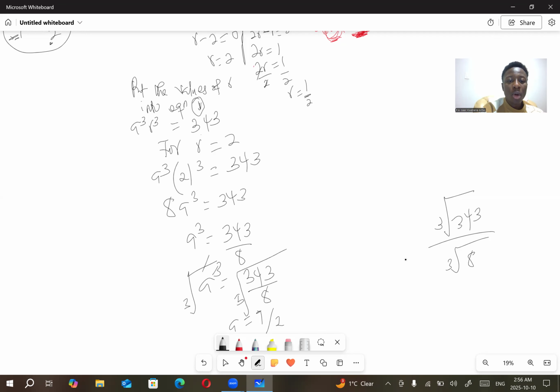So we have done the first value for R. Now, for R equals 1 over 2.